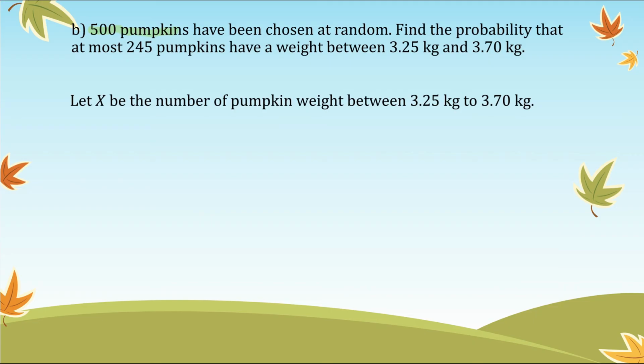Okay, so we need to use binomial distribution. How can we find the probability? We use the probability that we already get from part A. So our binomial is with N 500 and P from part A, 0.5328.